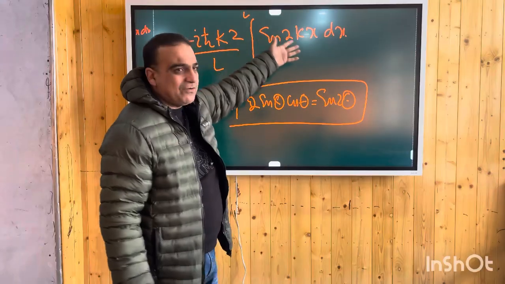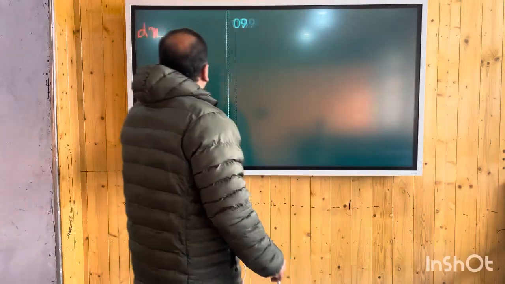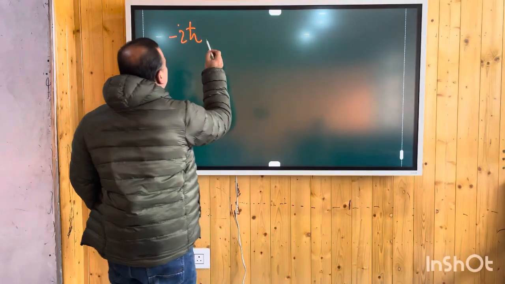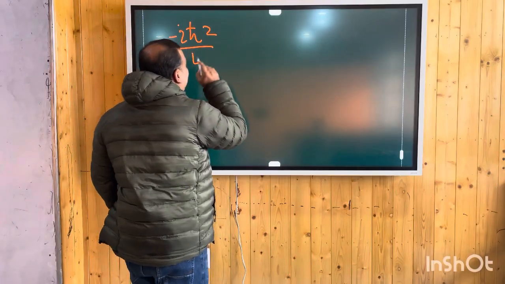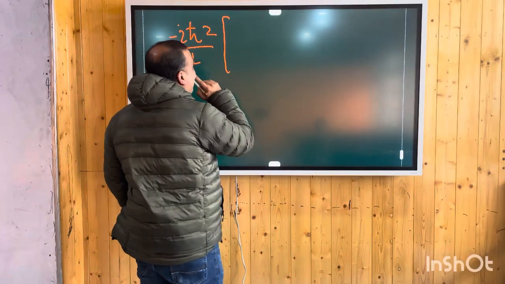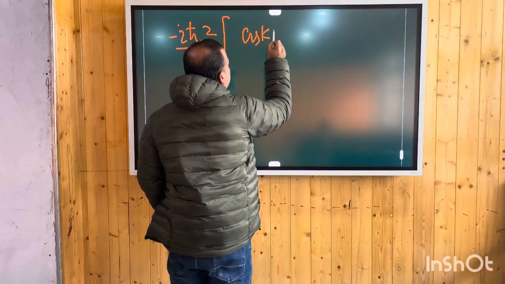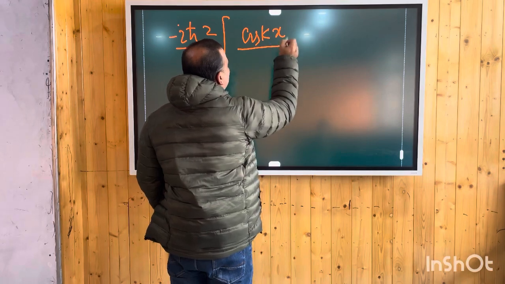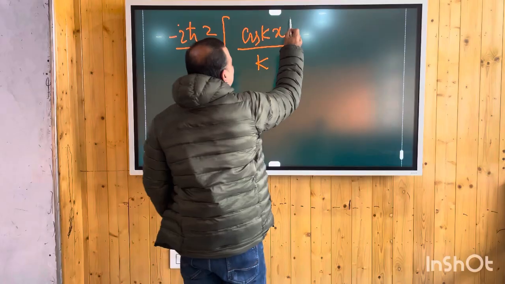Okay? So the integration of sine theta is minus cos theta. So now, what's outside? Minus i h bar, 2 by L, and then you will have the integration that will be cos kx divided by the internal derivative of kx, that will give me k, and what is the limit?